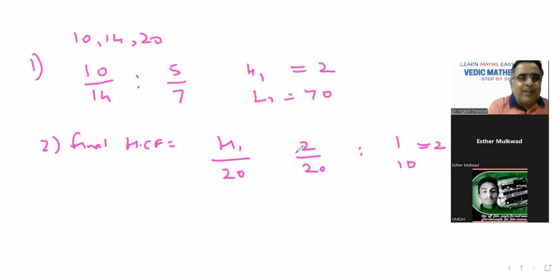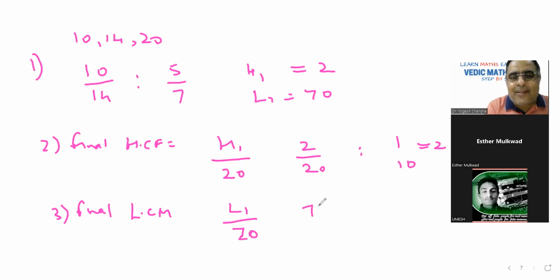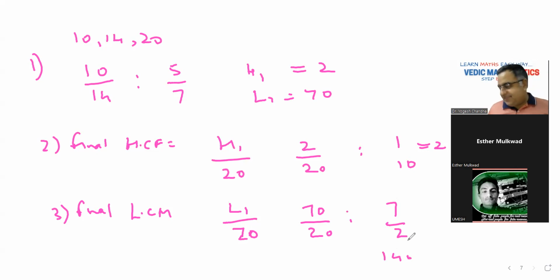Final LCM: L1 divided by 20. So 70 by 20 is equal to 7 by 2. So that means 140. Any questions now?